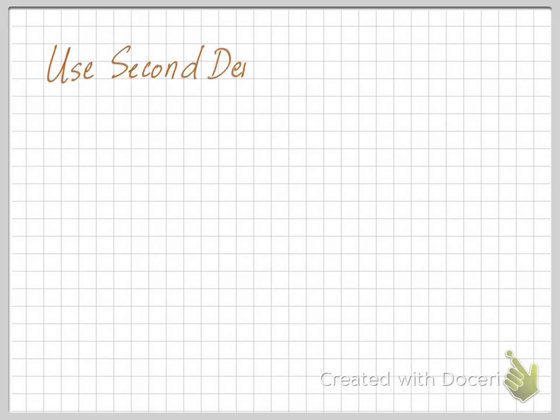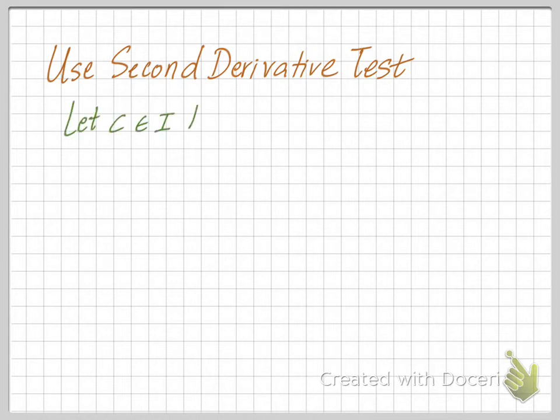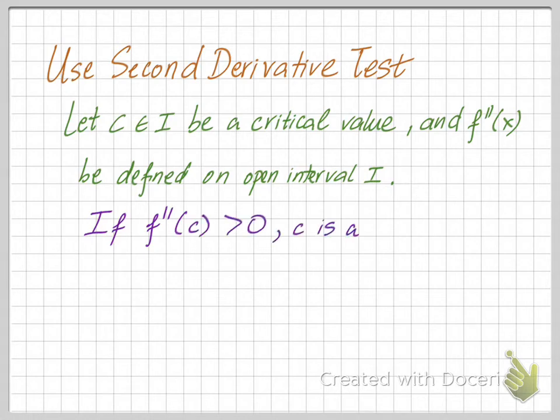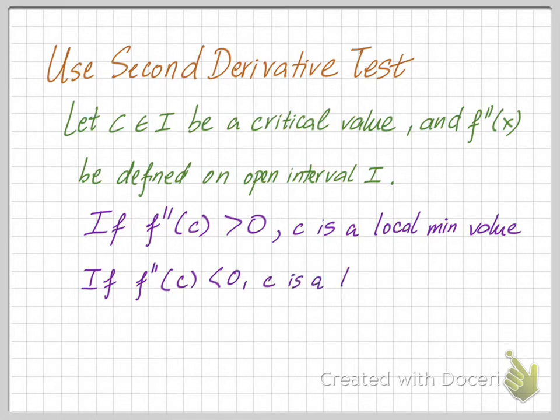Also, we can use the second derivative to determine whether a critical point is a local maximum or local minimum value. How do we use the second derivative test? If c is a critical value in an open interval I, and the second derivative of the function is defined on this interval I, then if the second derivative value at c is positive, c is a local minimum value.